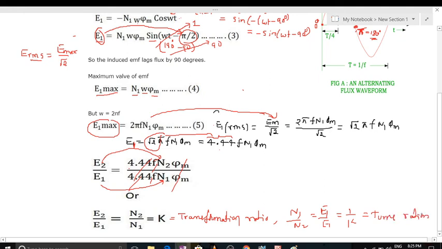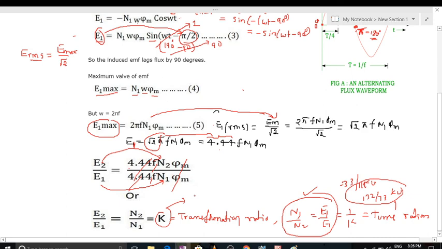Generally, the transformer rating is represented in terms of this value, such as 33/11 kV and 132/33 kV. These values are represented in terms of turns ratios. This transformer ratio is used for calculation purposes. So this is the EMF equation.